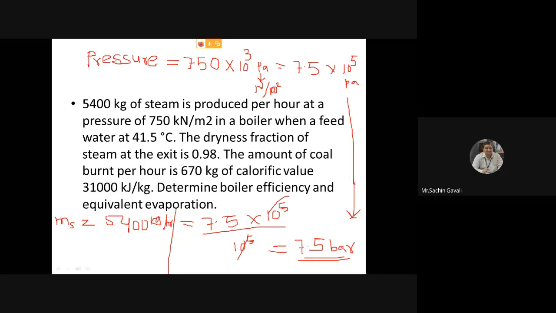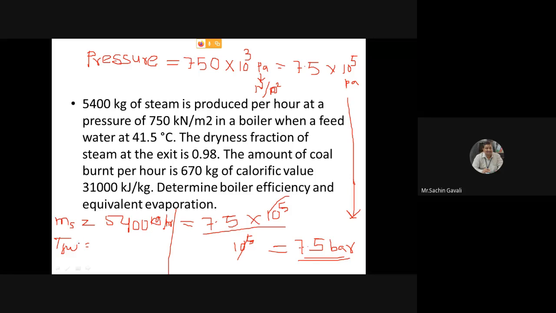The pressure is known, and the temperature of feed water is known.